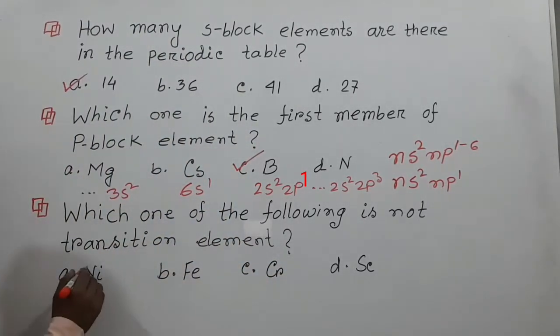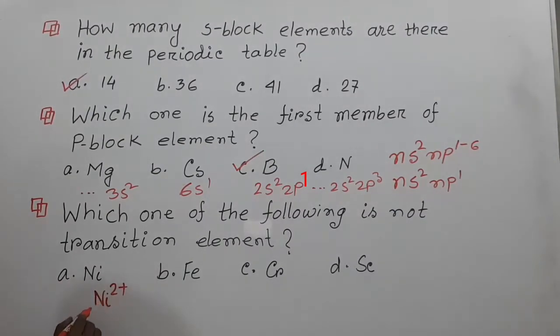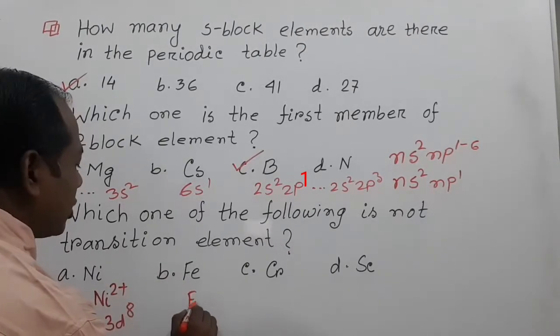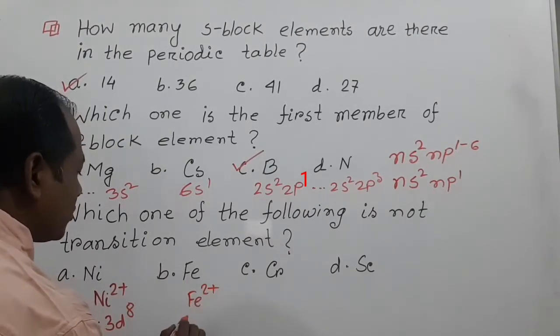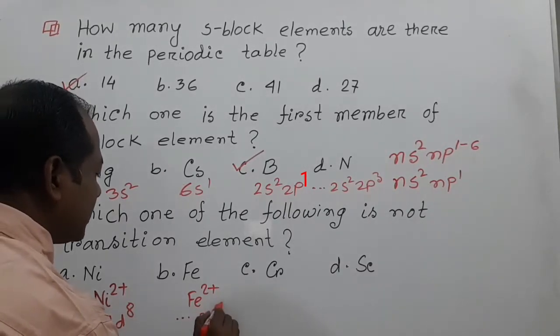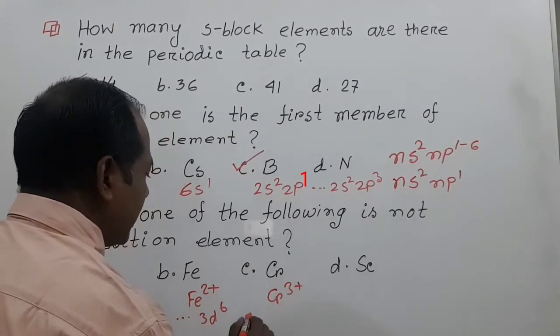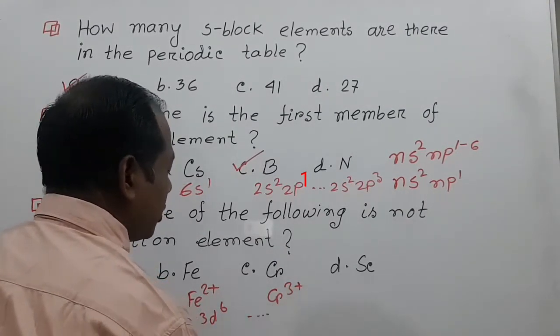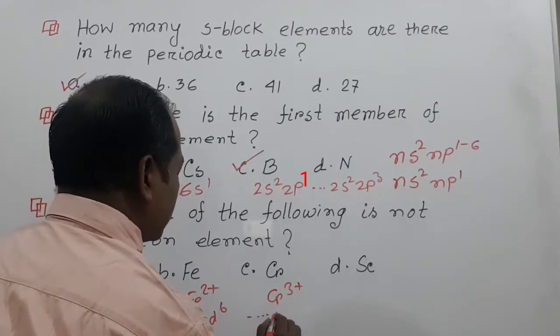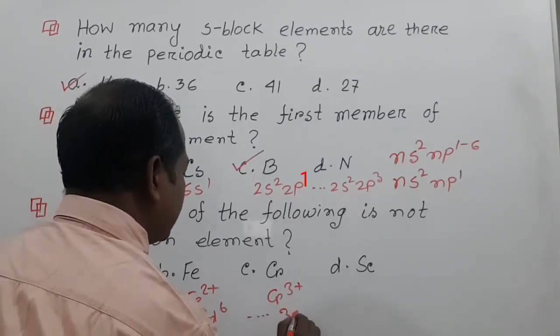if we see the electronic configuration of the stable ion of nickel, that is nickel 2 plus, the electronic configuration of nickel 2 plus is 3d8. For iron, stable ion Fe2 plus, electronic configuration 3d6. For chromium, stable ion chromium 3 plus, the outermost shell electronic configuration is 3d3.